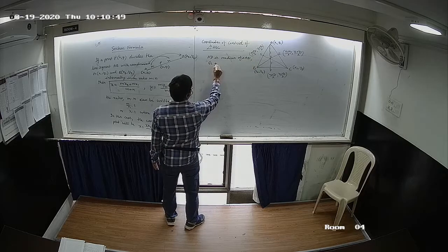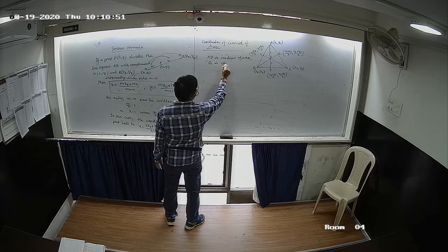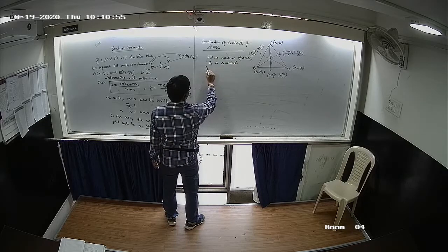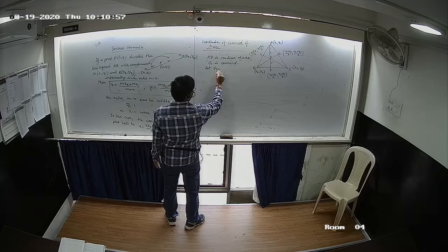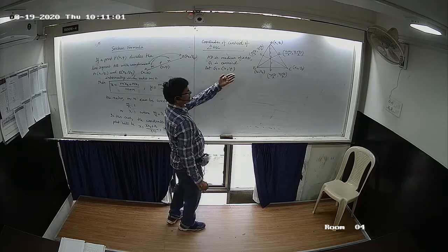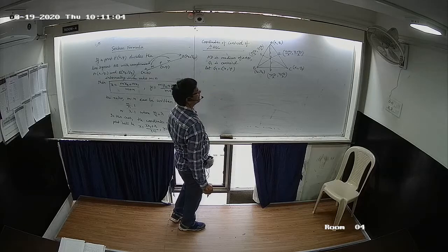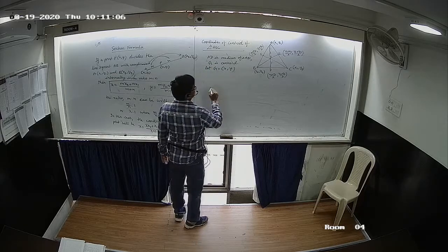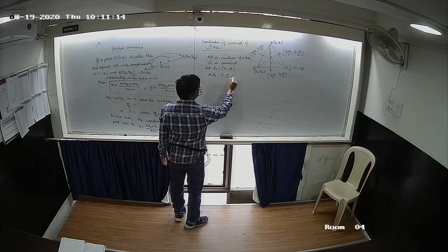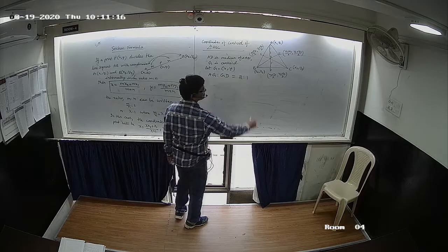G is the centroid. Let G be x comma y, the coordinates of G. Then AG is to GD will be equal to 2:1.